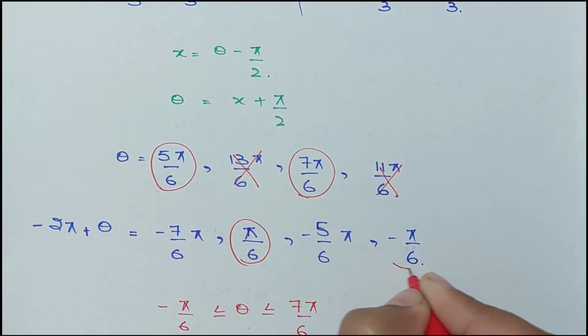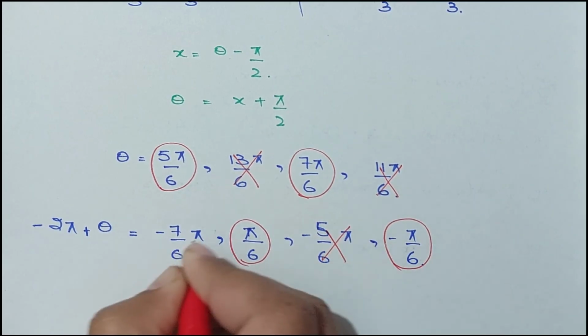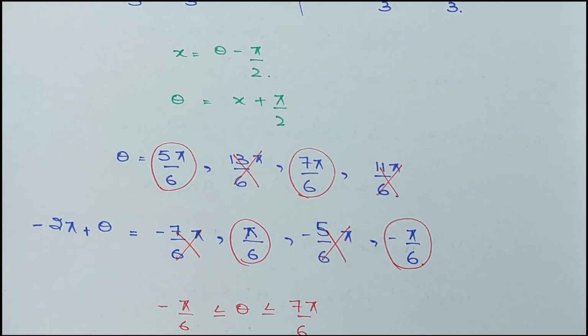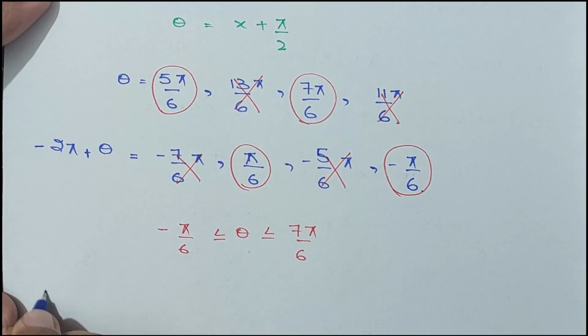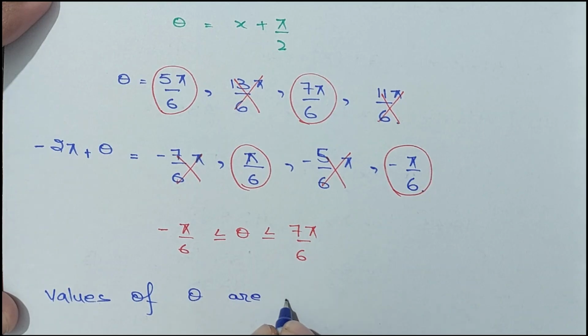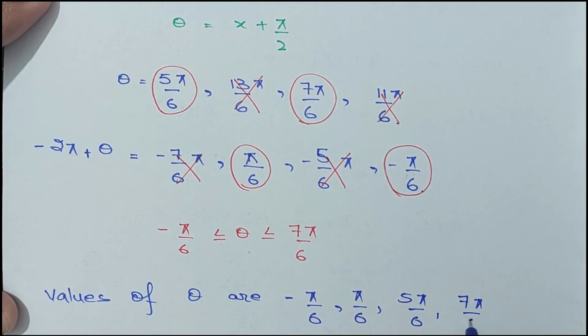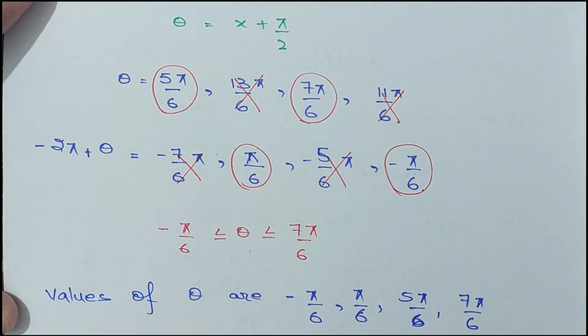For negative, just this one is included. These are not inside. So we can say the values of theta are minus pi by 6, pi by 6, 5 pi by 6, and 7 pi by 6. Alright, so these are the values of theta.